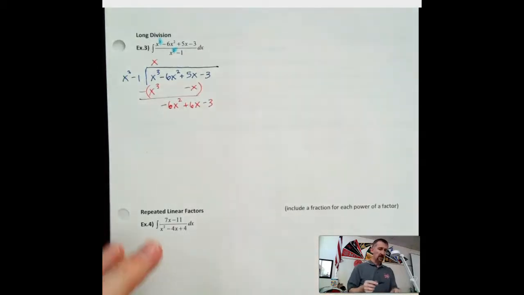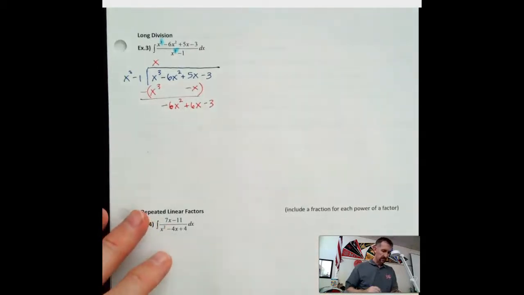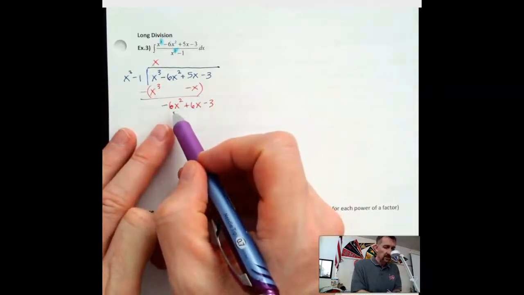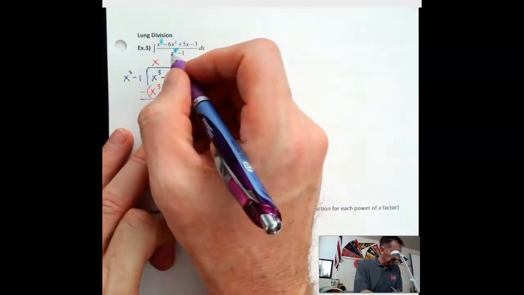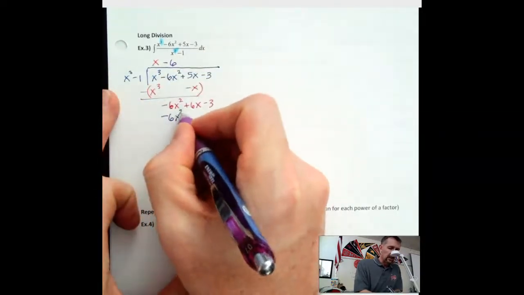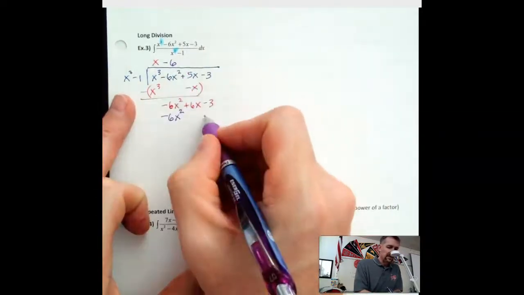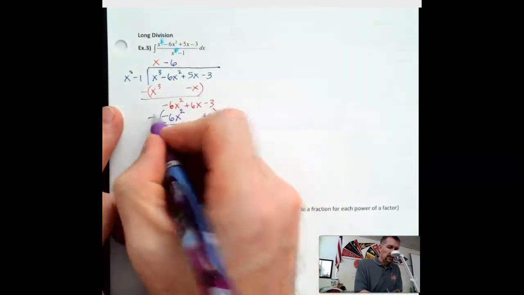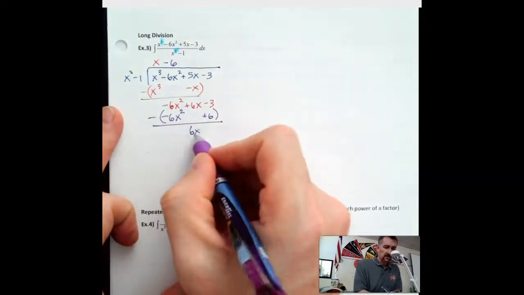Okay. Then we want to get rid of this now. So we're going to multiply by negative 6. So that's going to be negative 6x squared, and then plus 6. So this 6x is going to come down here.